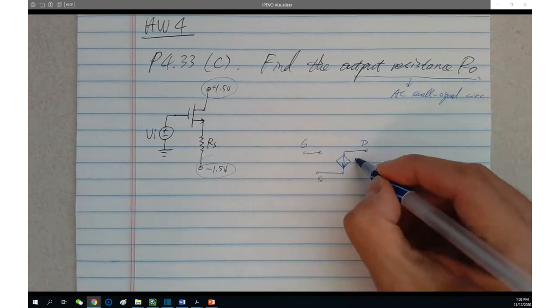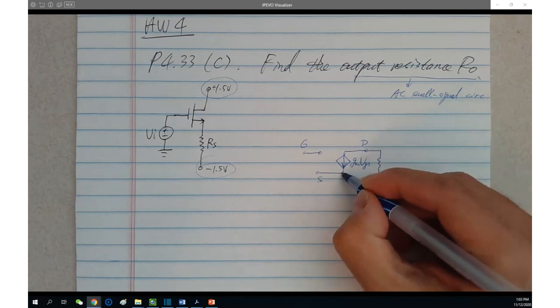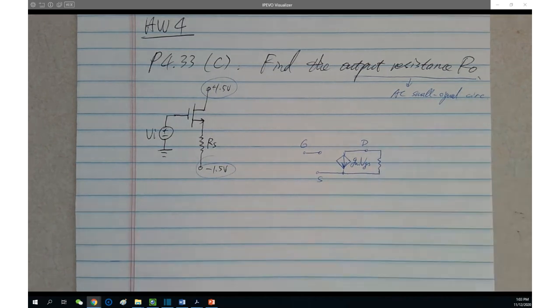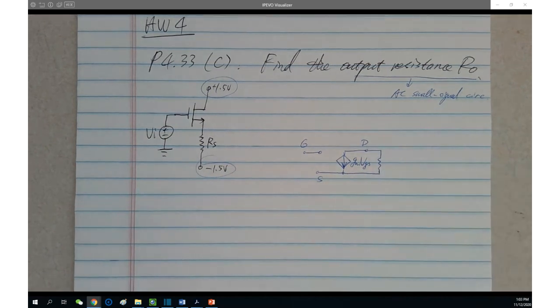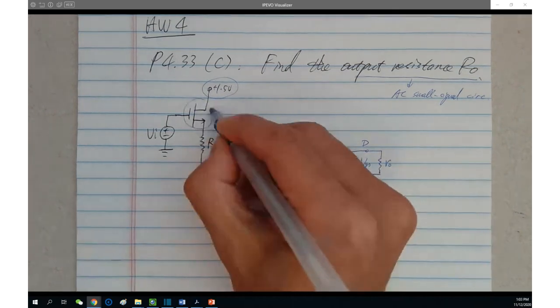This is the small signal model, of course. According to the problem parameter lambda, we need to involve r0. r0 is involved, and this is the small signal model of the transistor itself.